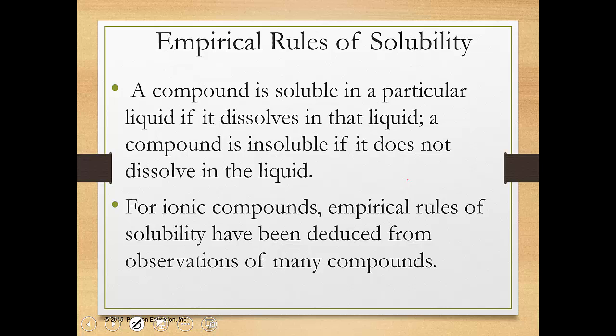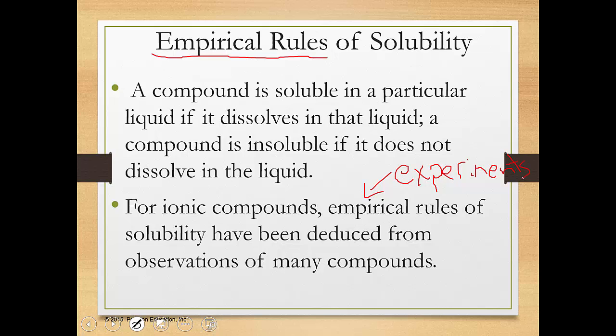In order to know what they're going to do, we have applied what we call empirical rules. Now, what do we mean by empirical rules? Well, these are based on experimentation. Someone had to conduct experiments to see what is going to dissolve, what isn't going to dissolve.